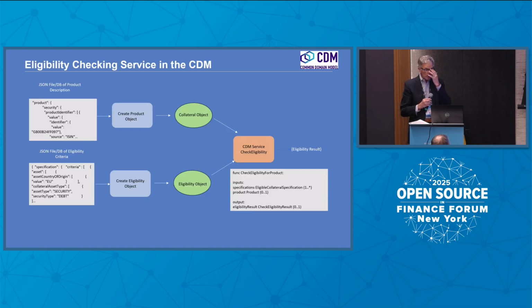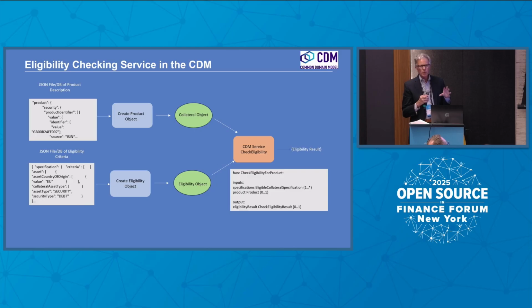When we actually use this in the CDM, you'll see one example. This is a JSON output of the CDM that represents a product, which would be the result of a trade. That creates a product, which can be directly ingested into any CDM application. On the other side, we have the eligibility criteria, also specified through the CDM.